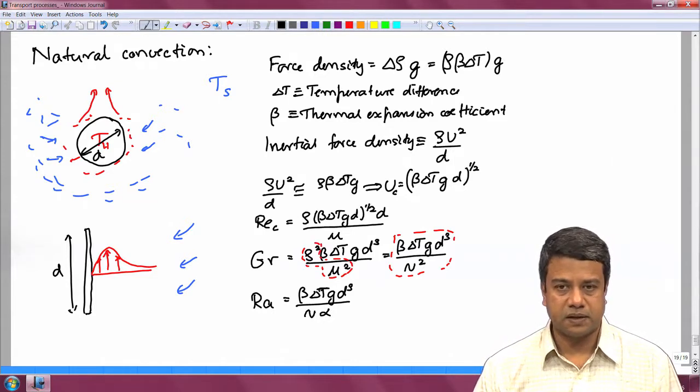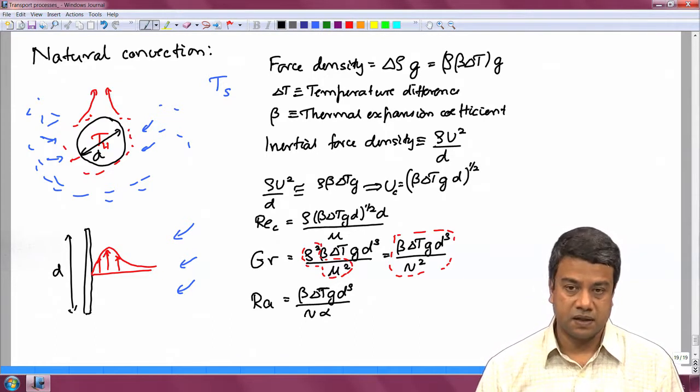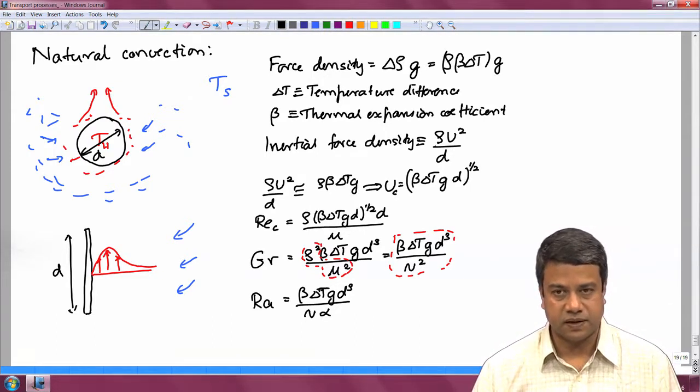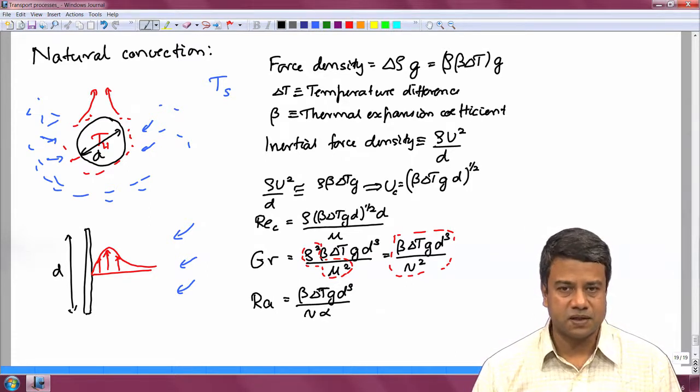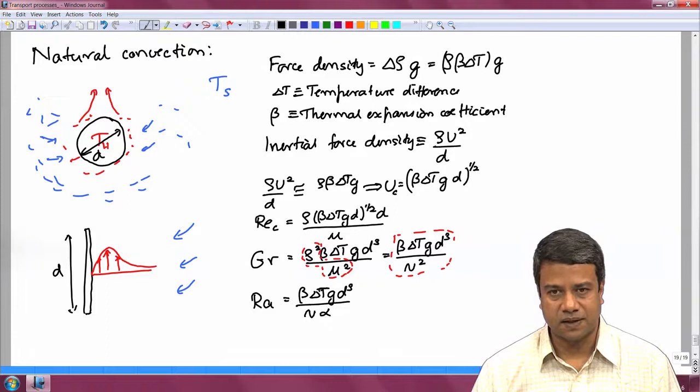In the denominator, instead of having the square of the kinematic viscosity, you just write it as a product of the kinematic viscosity and the thermal diffusivity. Of course, you get the Rayleigh number from the Grashof number by just multiplying it by the Prandtl number. So, that is a simple way to think about it.